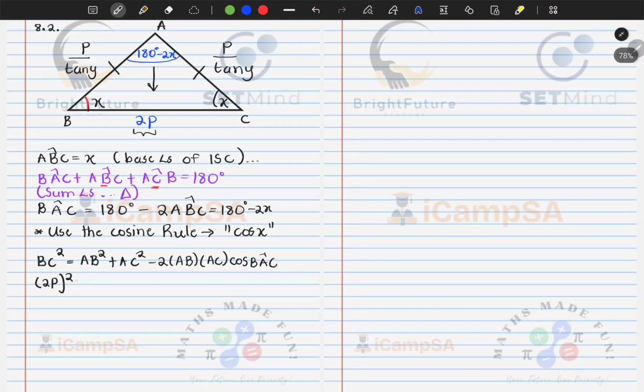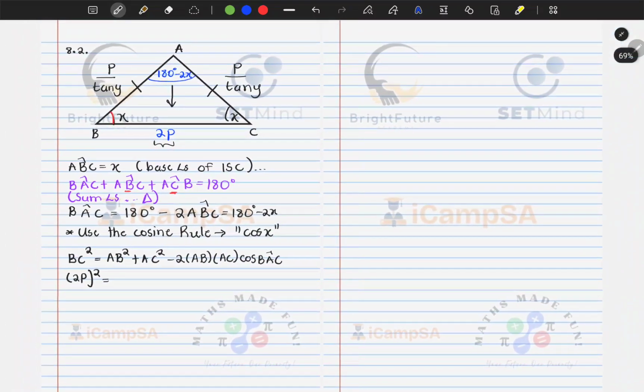So we're going to have 2p squared equals, if you look at AB and AC, AB and AC are equal. So it just becomes 2 times AB squared, okay? Minus 2 times, if you look carefully, AB and AC are equal, so it becomes AB squared, and then cos of that angle, and that angle is just 180 minus 2x. So I'm just going to substitute this. So we are going to have 4p squared equals 2 times our AB.